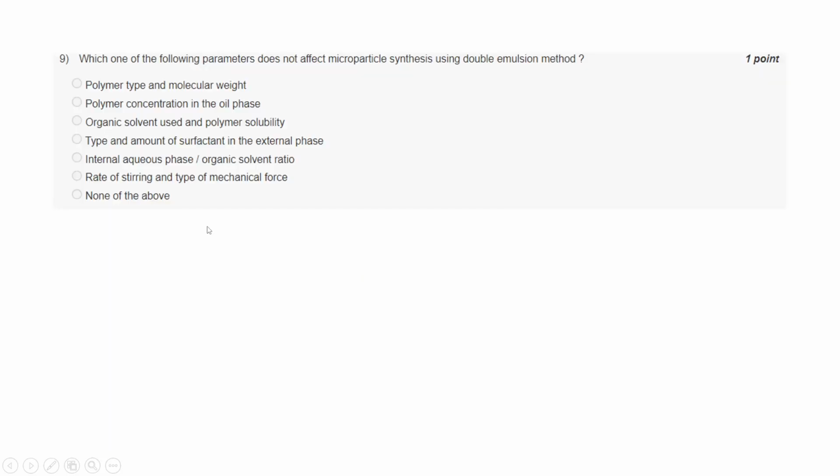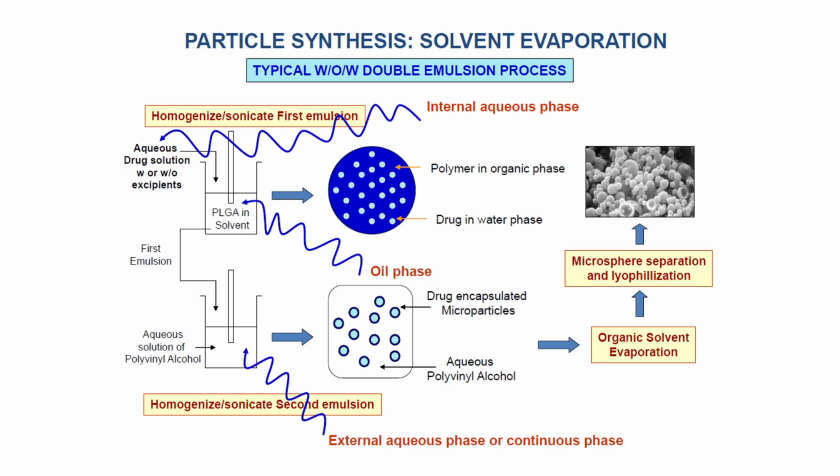Okay, and the ninth question was, which one of the following parameters does not affect microparticle synthesis using the double emulsion method? So this is the double emulsion method, which is used to incorporate hydrophilic drugs inside microparticles.